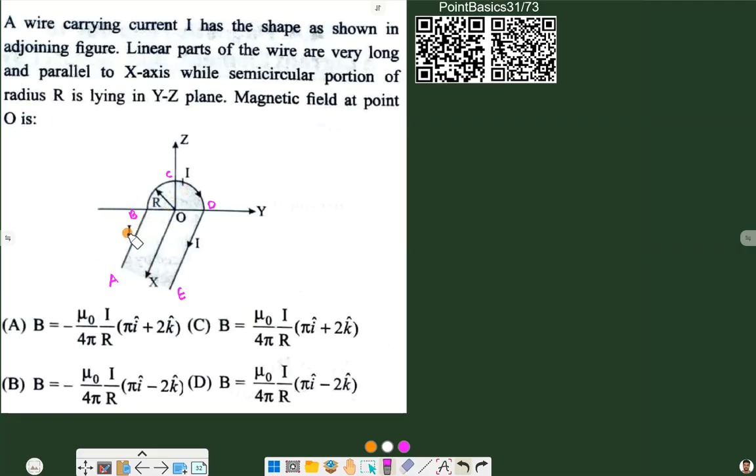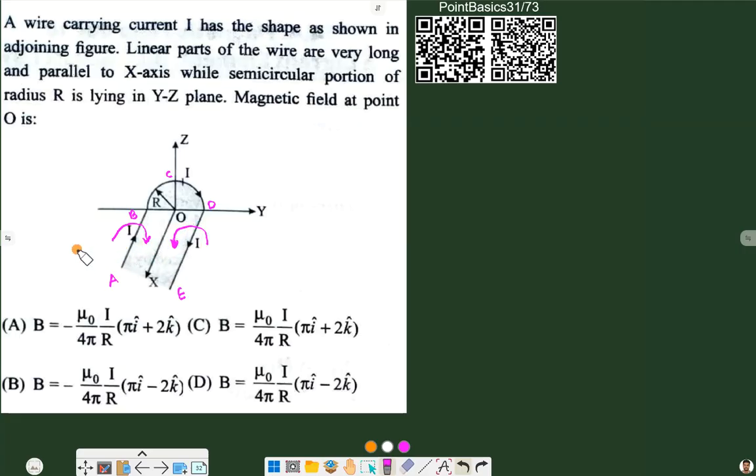So if the current is going into the page, then on the right hand side of the conductor, the magnetic field will be rotating using the right hand screw rule like this. The magnetic field will be going into the page on the right hand side of the conductor, meaning at point O, the magnetic field due to conductor AB is going downward. Similarly for conductor DE, using the right hand screw rule, the current is coming out of the page, so the magnetic field will be rotating like this, again going into the page.